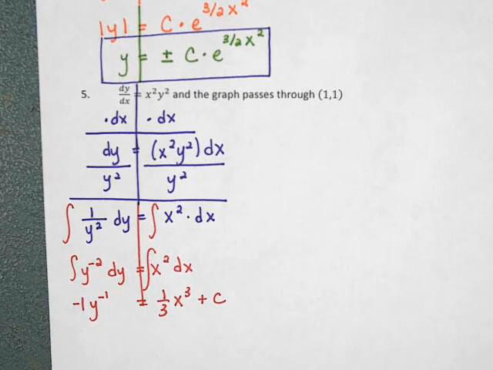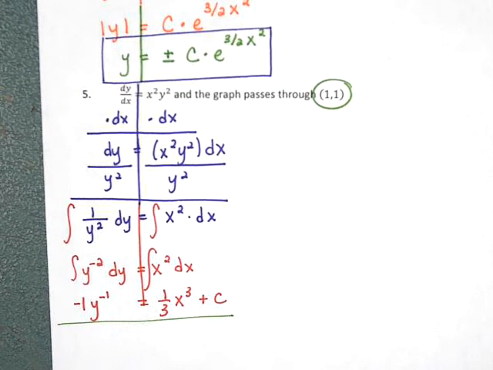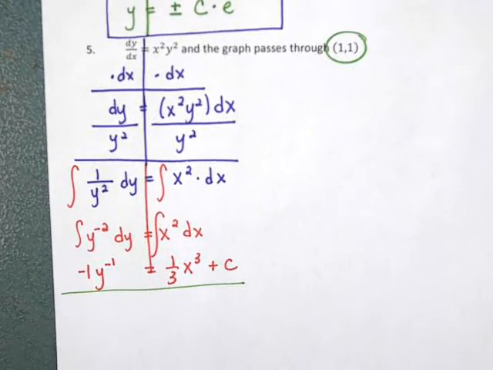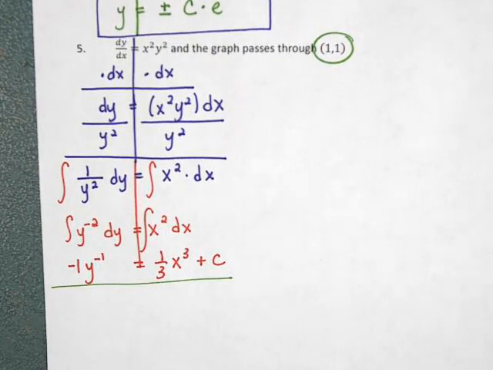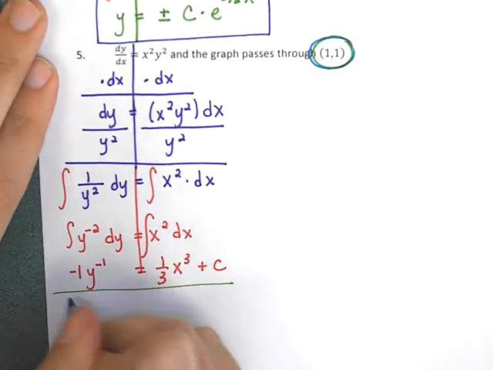Since this time we have an ordered pair, I'm going to go ahead and substitute that ordered pair into this equation and calculate my exact c value before I try to isolate y. So I'm going to do this in blue, that way the isolation part happens in green.